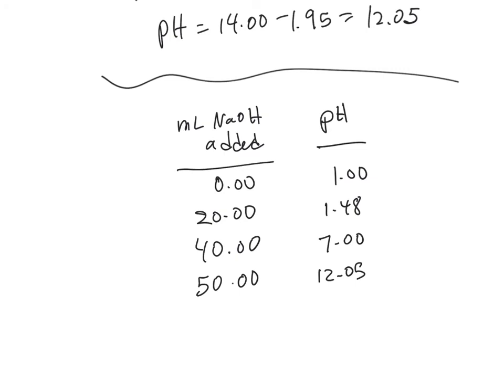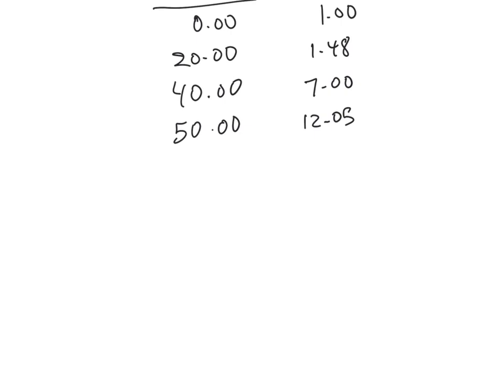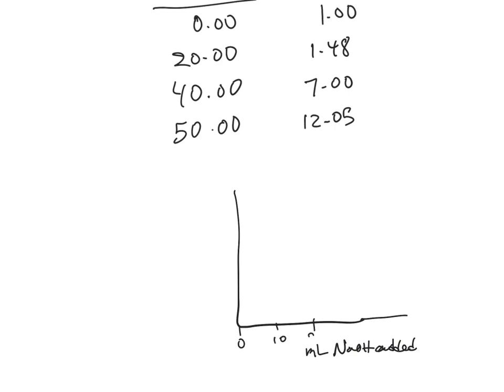So last thing is to graph it. And the graph will have volume, milliliters of NaOH added. So you have 0, 10, 20, 30, 40, and 50. pH goes from 1 to 12, so I don't know, 2, 4, 6, 8, 10, 12, 14, something like that.